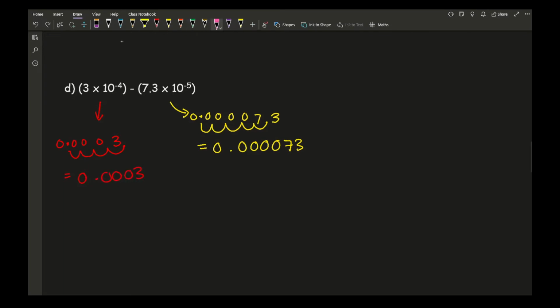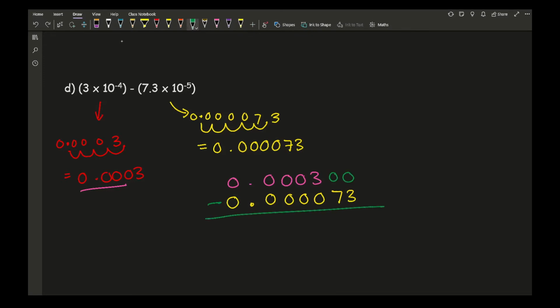So then again, making sure order comes into question. This number's got to come first. So I've got 0.0003. Now, rather than going backwards, when you're working with small numbers, I need to make sure the decimal point's in the right place. So I've got 4 zeros: 1, 2, 3, 4. And then 7, 3. Because I'm taking away, any empty gaps I need to fill with zeros.